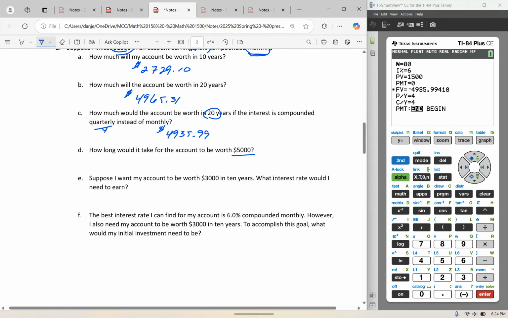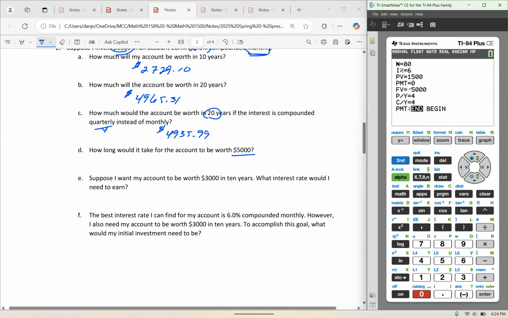How long for the account to be worth $5,000? So it's going to be very similar in setup, but after the number of periods, I'm going to want to withdraw $5,000 from the account. I invested $1,500. Interest is paid quarterly. That interest is 6%. Now I'm going to solve for N, how long it will take me.